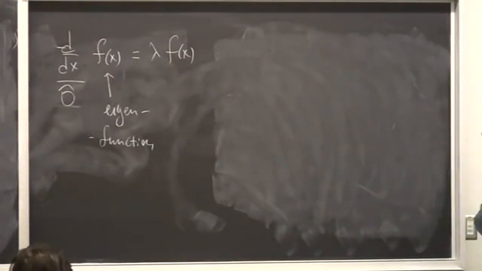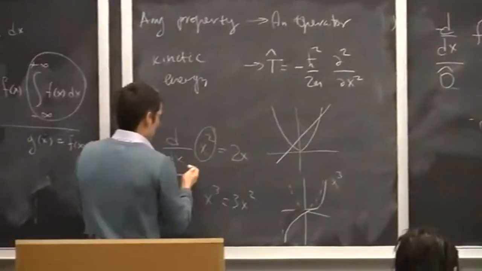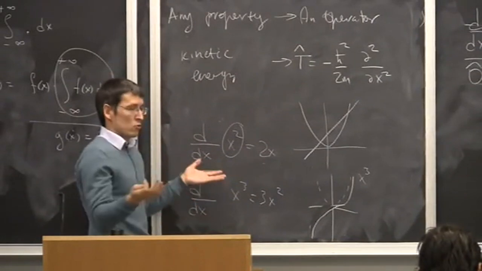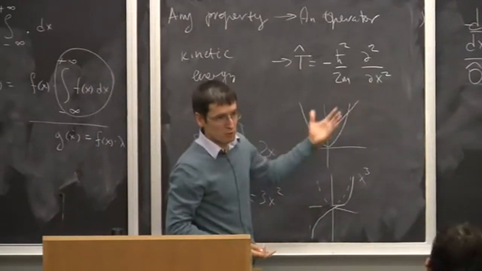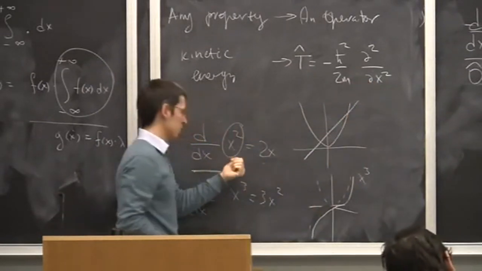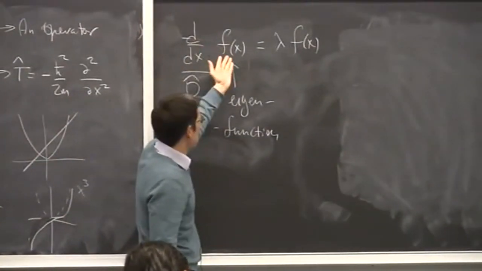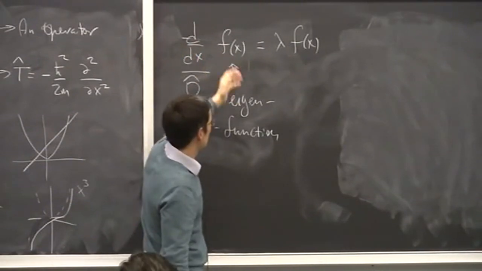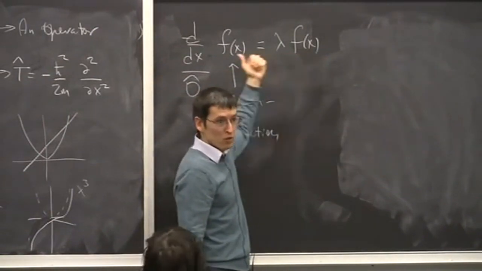So you may ask, where is the magic? Well, if you look at this operator, what can it possibly do to a random function? To a random function, it can do random stuff. Like you put in the parabola, it gave you a straight line. Now here you have a special function. When the operator acts on it, the function comes back the same way it was in the beginning.